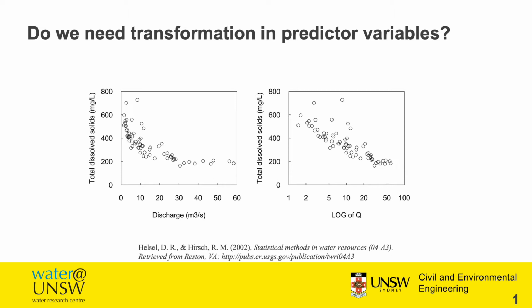The accuracy of the response, here TDS, will be improved by using the transformed discharge. So the answer to the question is yes, we do need transformation in predictor variables, in some cases, or lots of cases in hydrology.